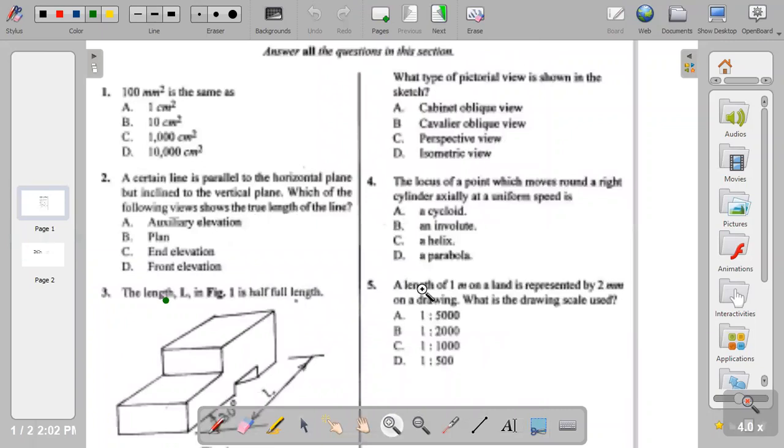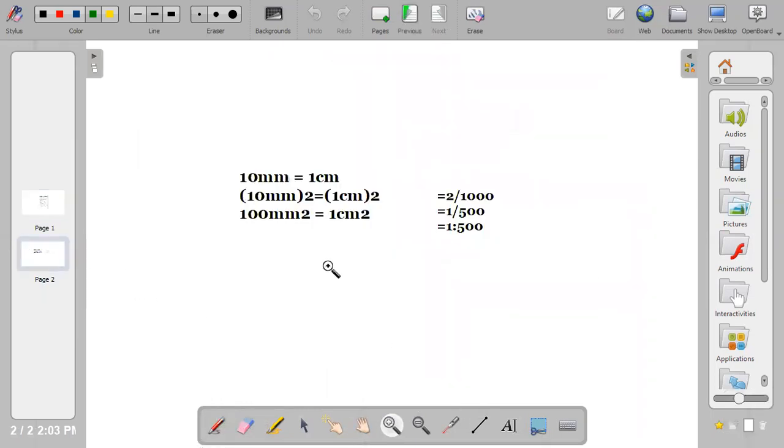Question 1. 100 millimeter square is the same as A, 1 centimeter square, B, 10 centimeter square, C, 1000 centimeter square, D, 10,000 centimeter square. As we all know in our metric tables, 10 millimeter equals 1 centimeter.